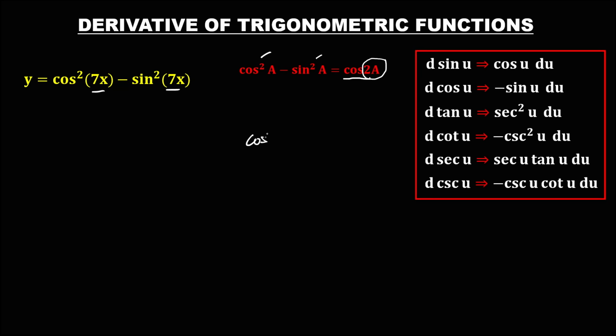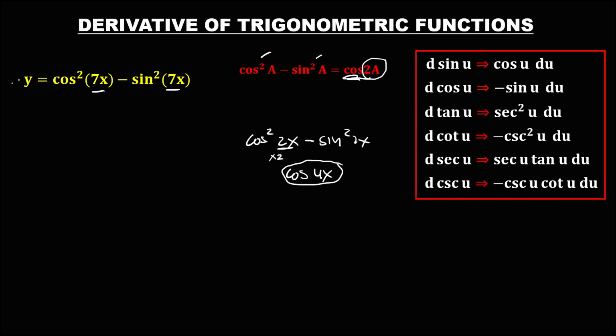So if we have cosine squared 2x minus sine squared 2x, again, this is equal to cosine, then multiply this angle by 2. So this becomes 4x. So the identity is cosine 4x.